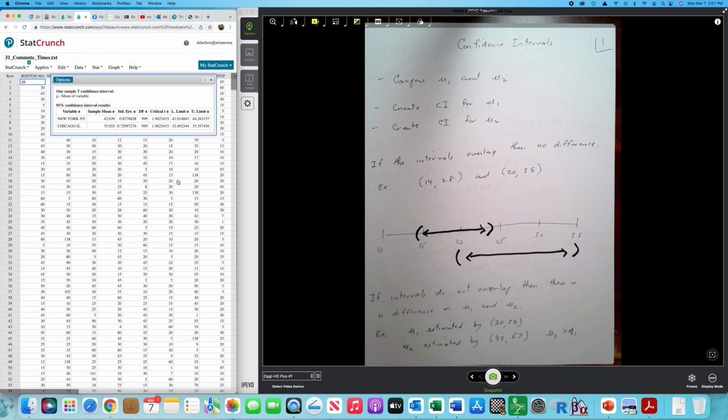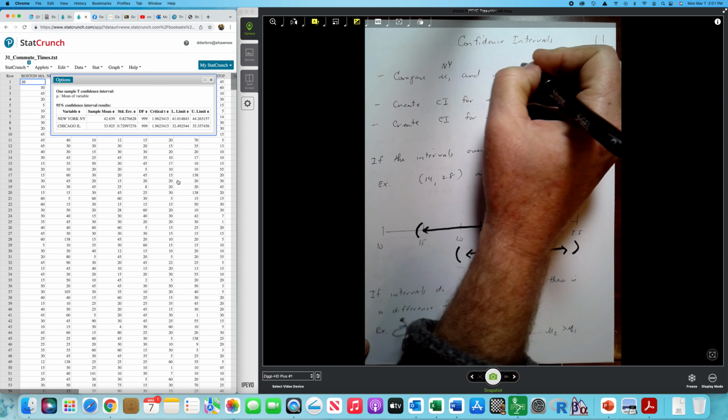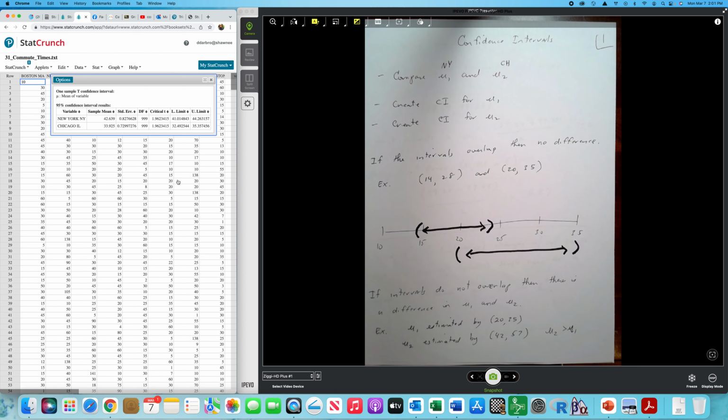Now, what I've given you over here, we'll bounce over to where I'm pointing now. To compare mu1 and mu2, mu1 we'll just say is New York, and we'll say that Chicago is mu2. So I create a confidence interval for both. If the intervals overlap, then there's no difference. So when intervals overlap, it means something like this.